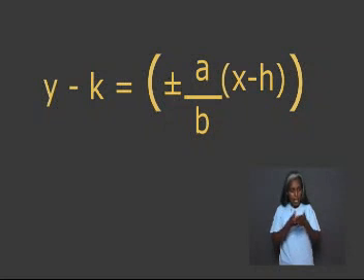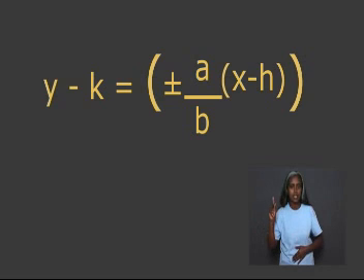An asymptote to a hyperbola with center (h, k) and a vertical transverse axis is given by the equation y minus k equals plus or minus a over b times x minus h. Was this your answer? Well done, students.